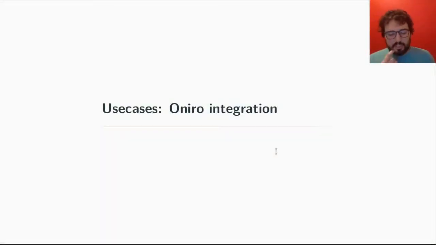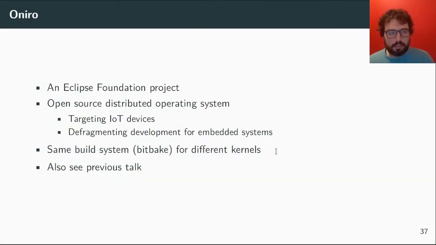Another interesting use case that we worked on with the Oniro team is the Oniro integration. Oniro is an Eclipse Foundation project, and it's an open source distributed operating system, which is targeting IoT devices and trying to defragment the development for embedded systems.